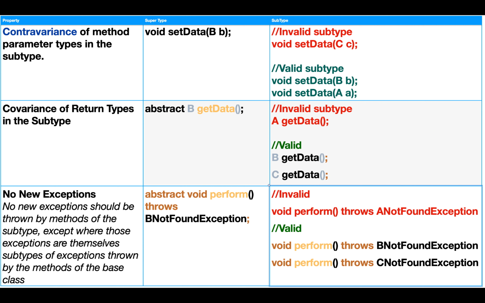If the parent class contains void setData of type B, in our example A is the parent class of B and C is the child class of B. Contravariance means parameters should be contravariant. We can include either B or A as a method parameter type in our child classes during implementation.